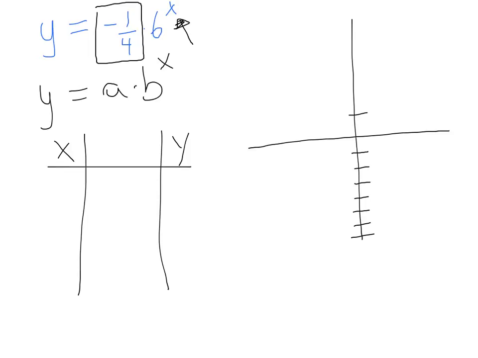But in the meantime, let's pretend like we don't know how to do that. Let's go to our t-table. Let's put in our function, -1/4 times 6 to the x, and put in your standard generic values here at -2, -1, 0, 1, and 2. As you take 1/4, that's negative, and multiply it by 6 to the -2. Goodness gracious, that number is pretty small, because you have 1 over 6 to the second, which is 36.